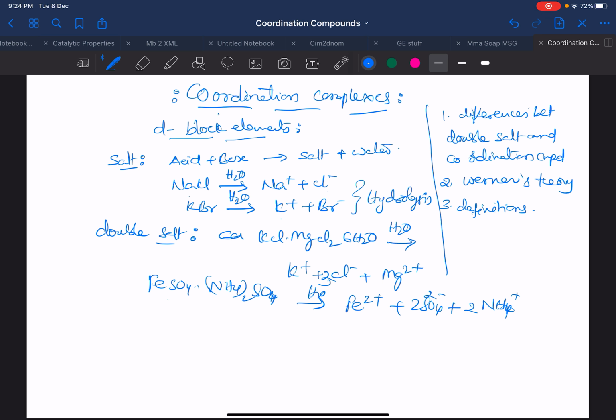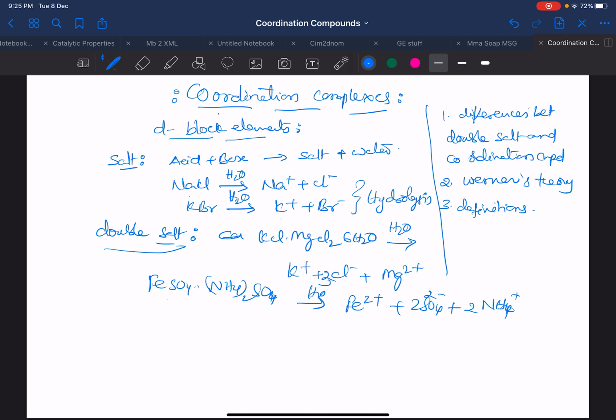The whole salt participates in the hydrolysis process to give its constituent ions, like iron ion, sulfate ion and ammonium ion. So these types of salts are called double salts.